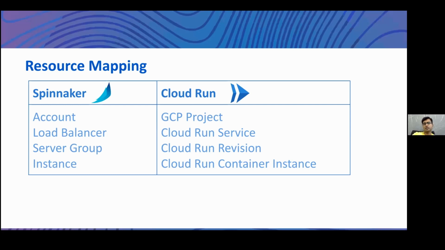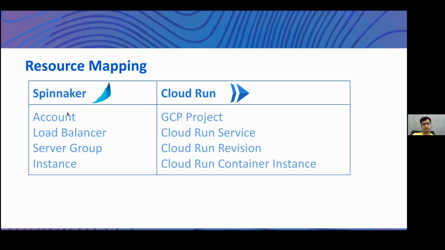So when we add a new cloud provider to Spinnaker, we need to consider certain aspects. What is the account, and what is the load balancer? For the corresponding resources in that new cloud provider, we need to first figure them out, and then we map accordingly.